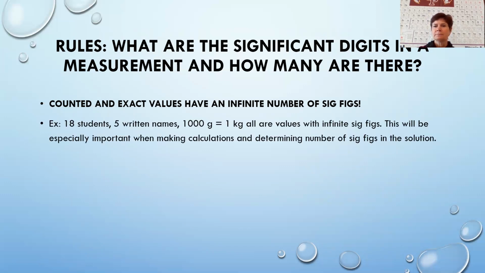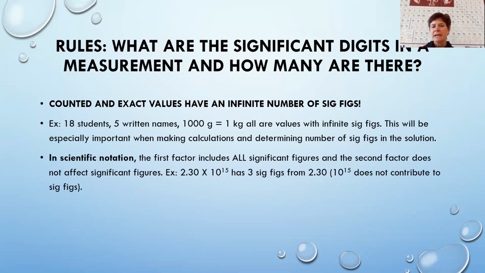For example, here are some examples of counted values: 18 students, 5 written names, 1,000 grams equals 1 kilogram. Those are all values with infinite sig figs. This will be especially important when making calculations and determining the number of sig figs in the solution.